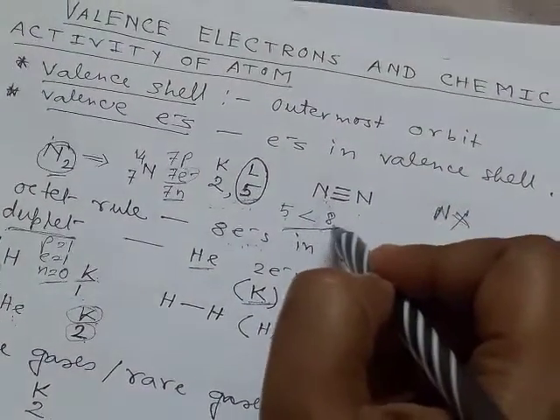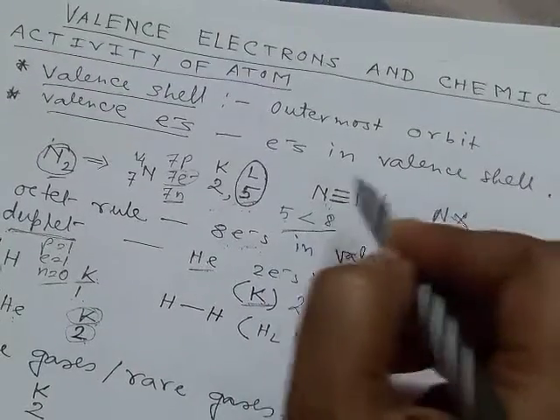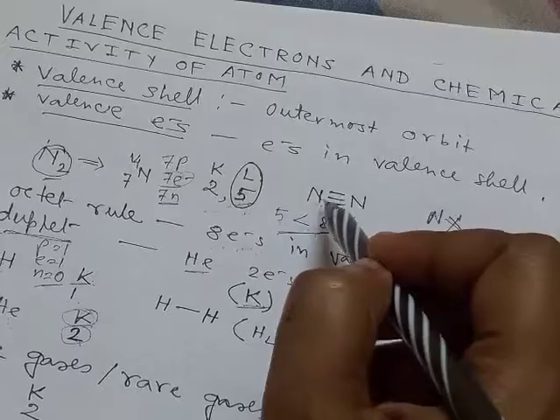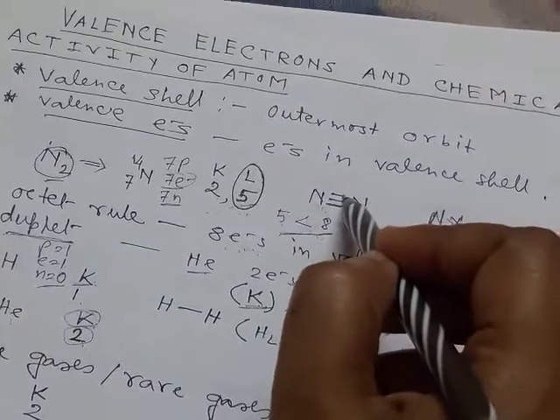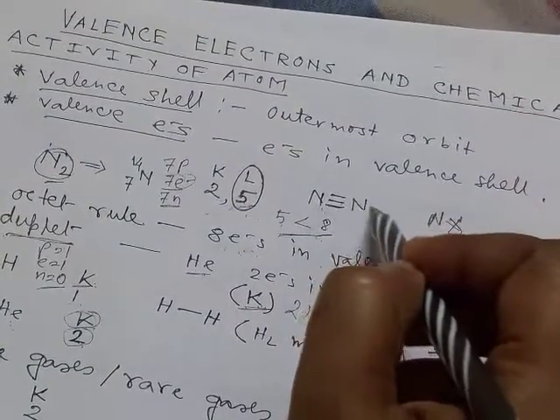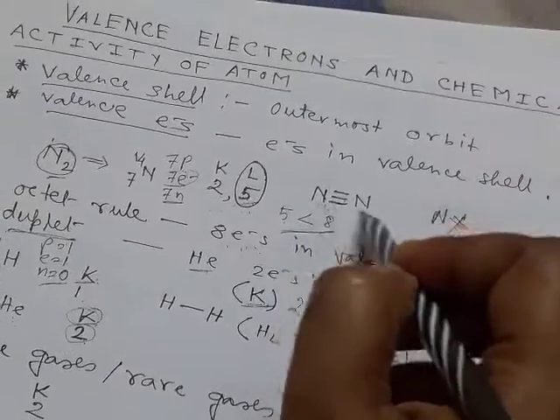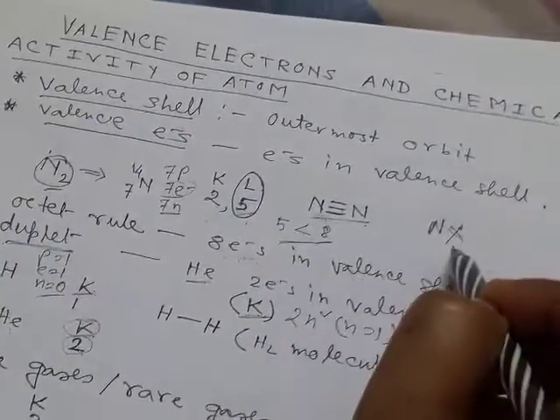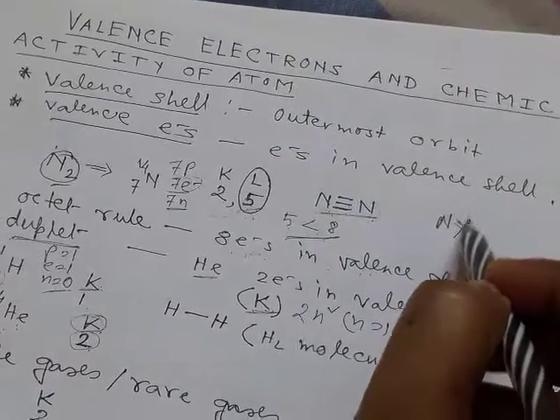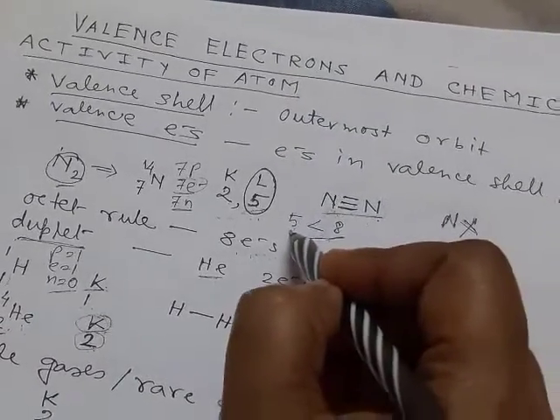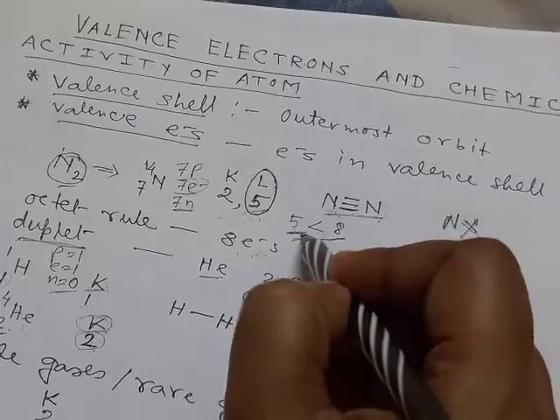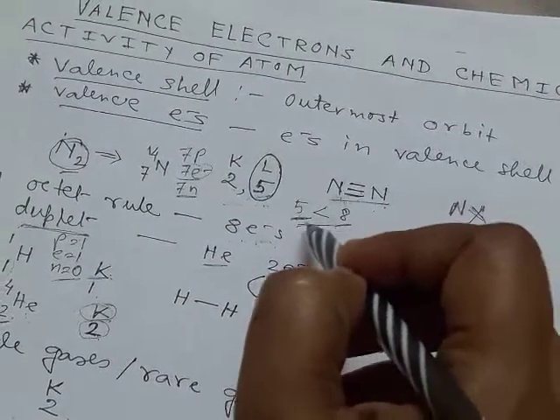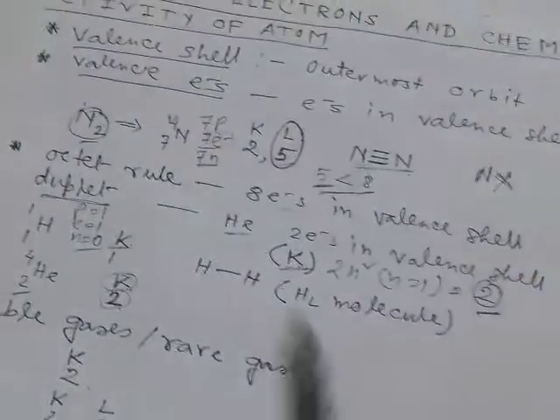So the nitrogen atom gains 3 electrons and forms 3 bonds with another nitrogen atom. Thus there will be formation of a nitrogen molecule. So the nitrogen atom cannot exist in atomic state, as 5 electrons is an unstable configuration. So it will attain a stable configuration by accepting 3 electrons.